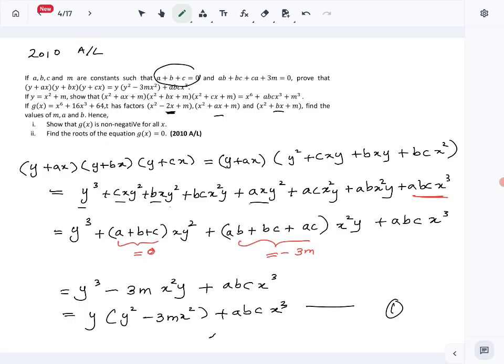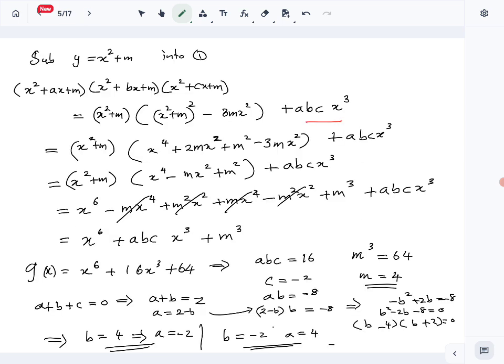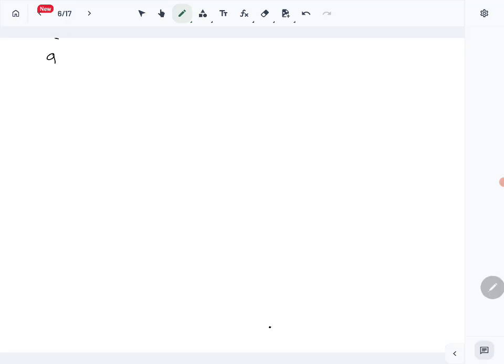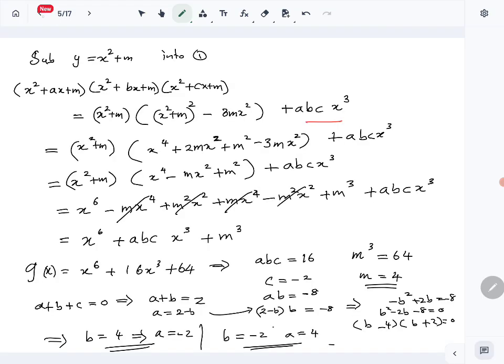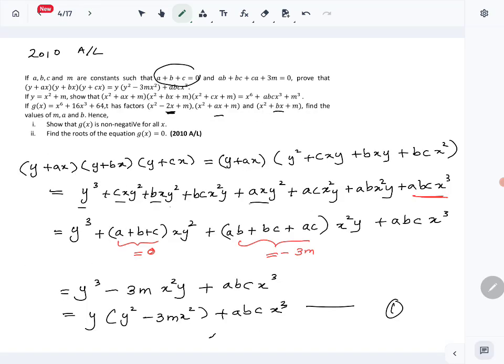Now what? Show that gx is non-negative for all x. Right. So let's use the values we have. What is gx? We'll use the factored form. X squared minus 2x plus 4.